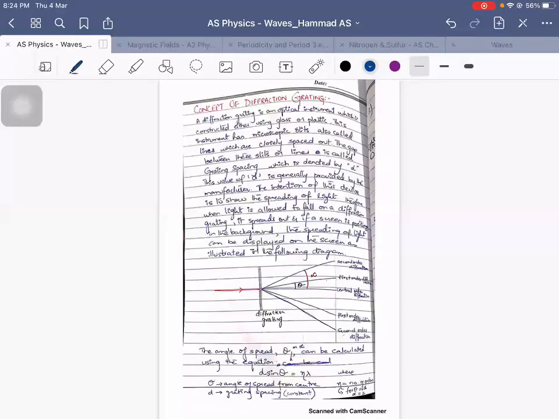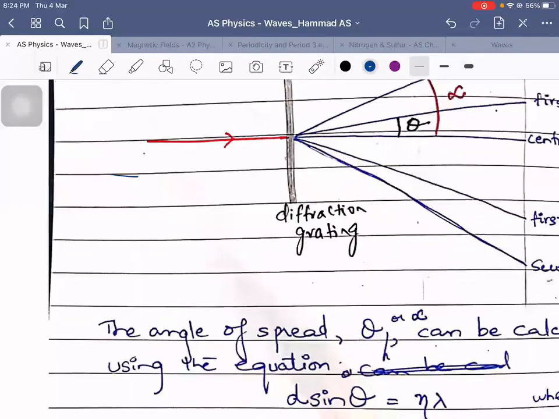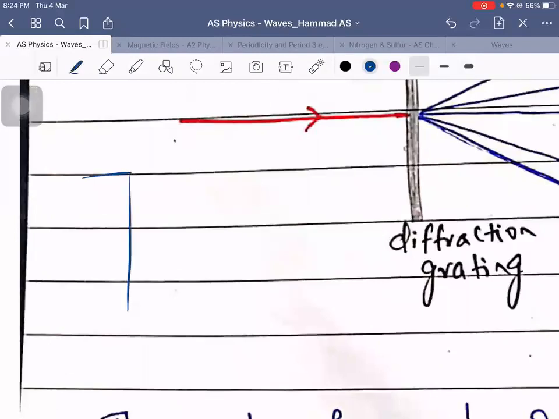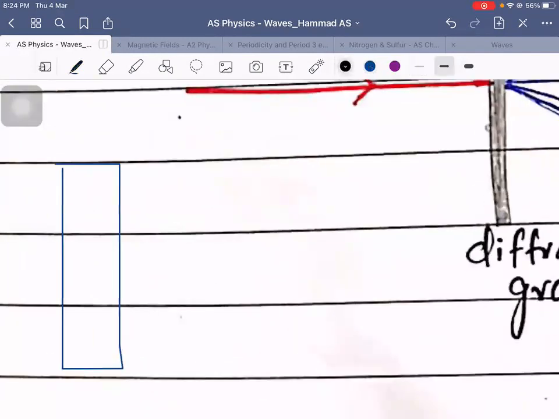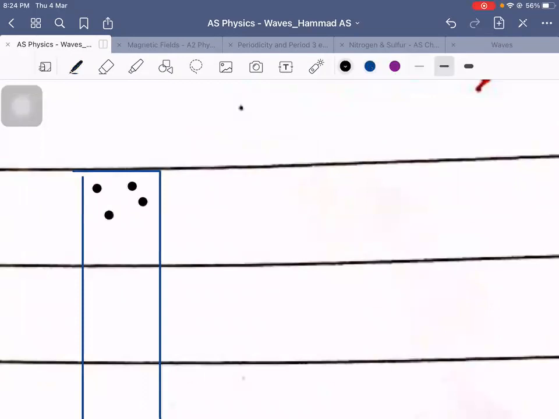Next comes diffraction grating. A diffraction grating is basically a plastic material or made out of glass. This diffraction grating has small holes. By the way, you need to understand that plastic does not allow light to pass through.